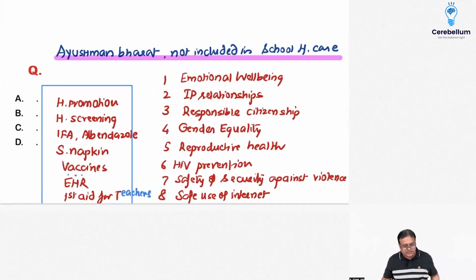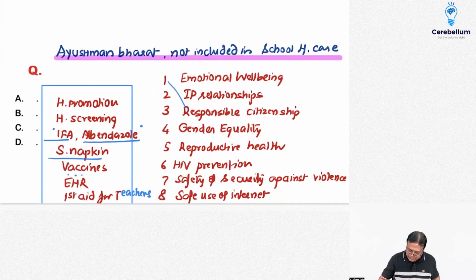Iron tablet is given. IFA and albendazole through Anemia Mukt Bharat is a part of this particular program. Deworming is also done through albendazole. Okay, deworming albendazole was one choice. So they are definitely part. Sanitary napkin is also a part. So if there are four choices, then besides these three, whatever the fourth choice is, that could be the answer, right? Okay, so leave this portion.